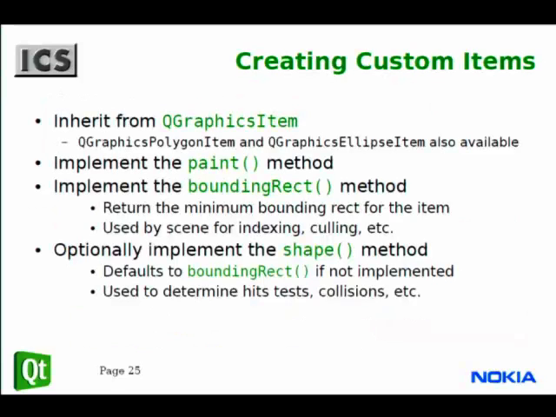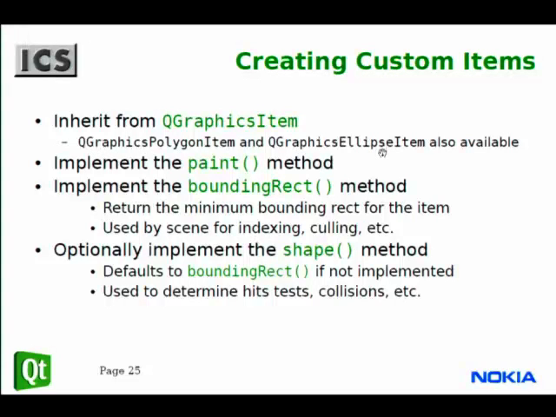Now, how do we make our own custom items? Well, we have a couple of choices. We could inherit directly from QGraphicsItem. If we do that, then we have to implement paint, boundingRect, and optionally also shape. Or we could derive from one of the concrete types, such as polygon item or ellipse item.